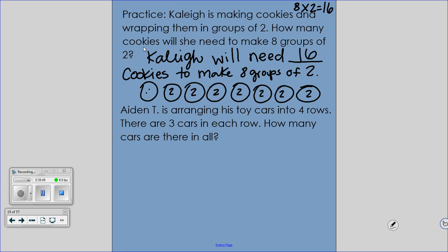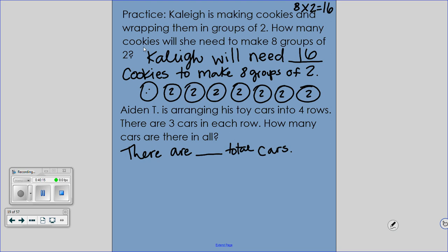You have to make a unit. I have to make my answer sentence with a unit. What am I counting? Cars. There are blank total cars, or some version of that.